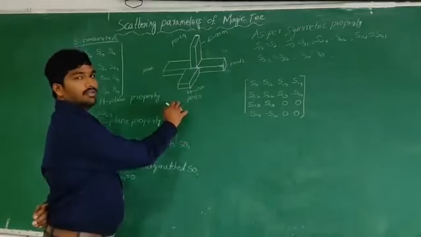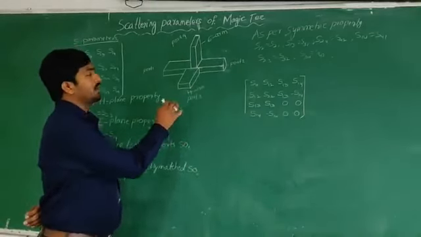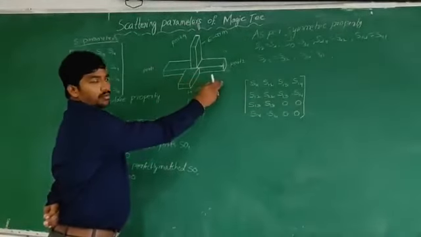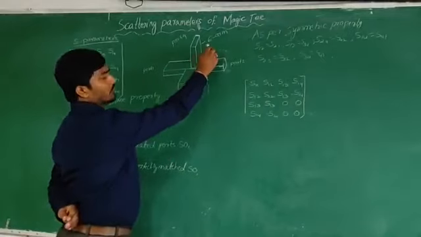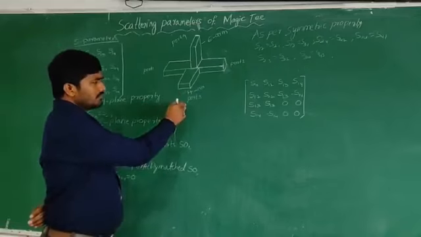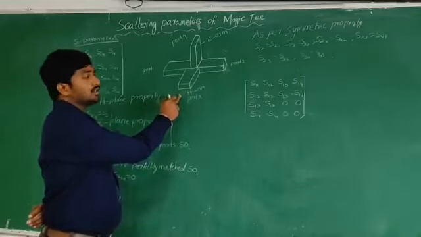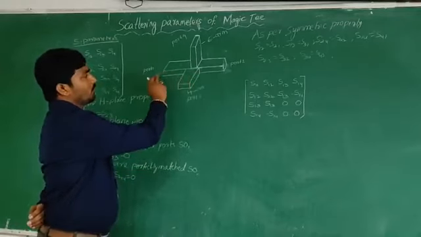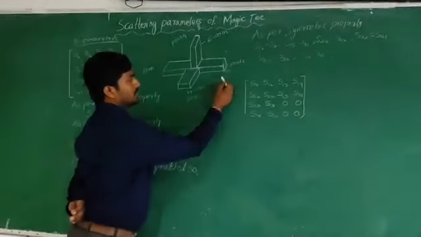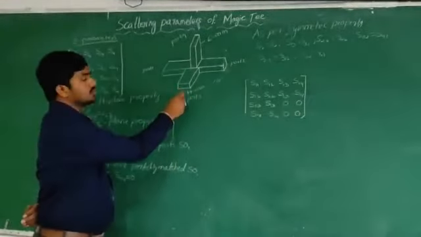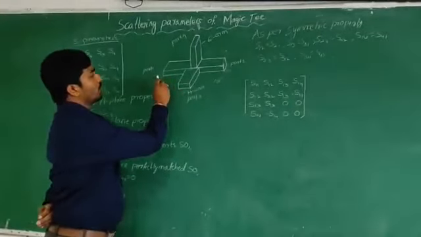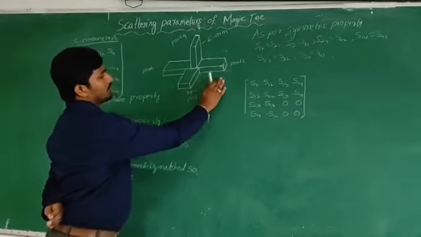Now we are going to observe the working of Magic T. Here, port 1 and port 2 are collinear ports. Port 3 and port 4 are called isolated ports. When the microwave source is applied to port 3, the power will be divided between port 1 and port 2 equally without any phase shift.